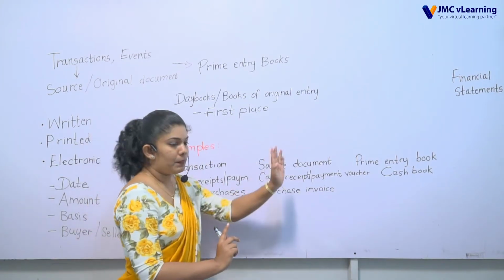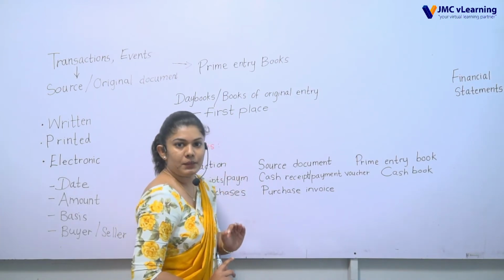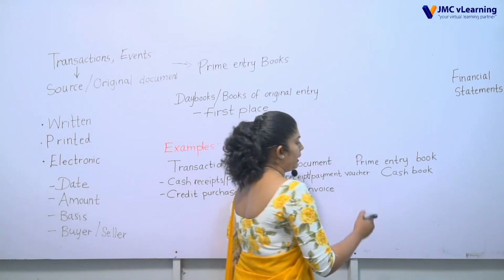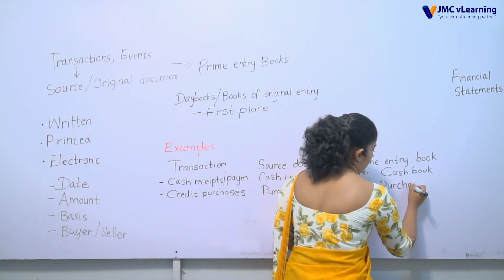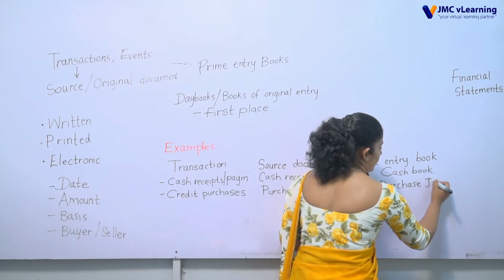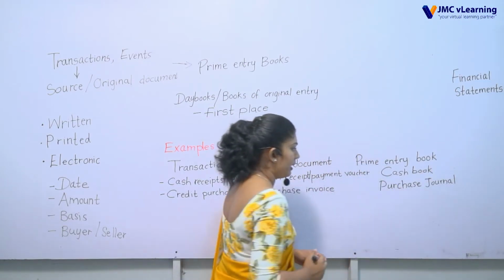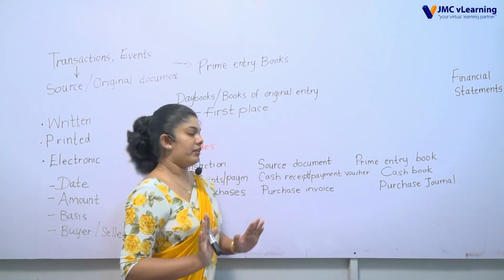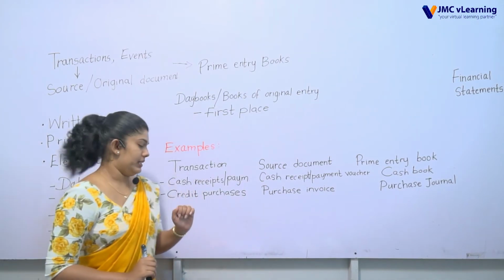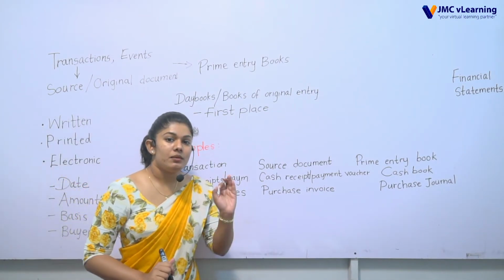And the prime entry book, the place you record first, is the purchase journal. Remember, in the purchase journal, you only record credit purchases.